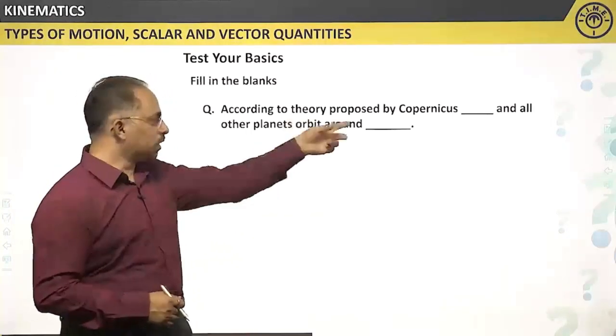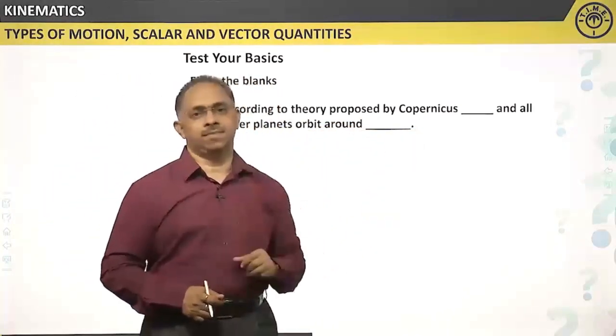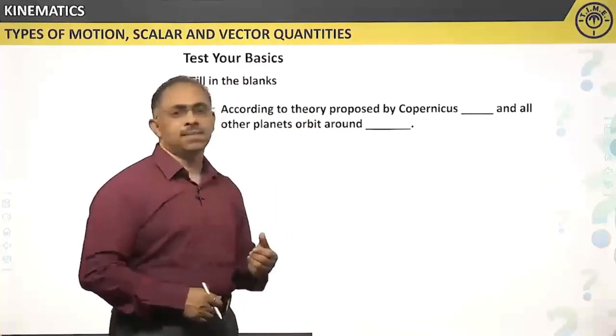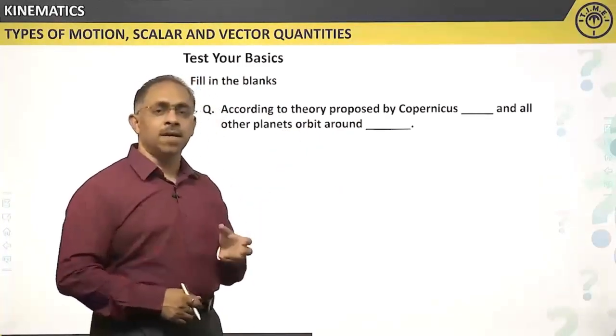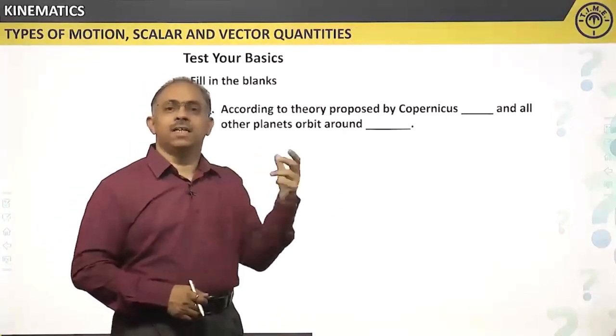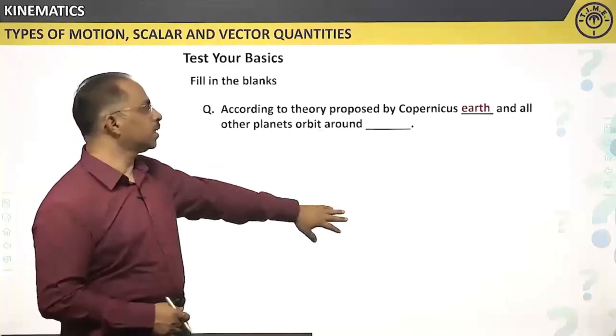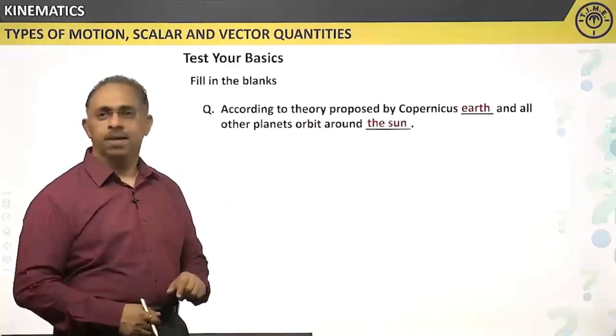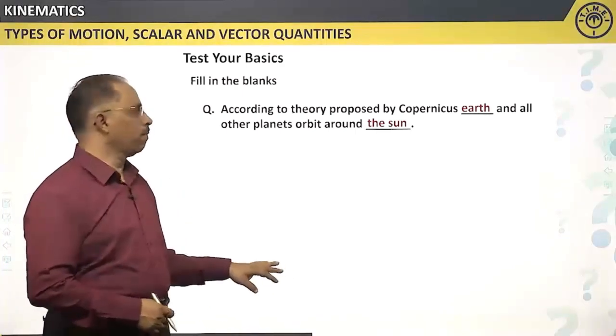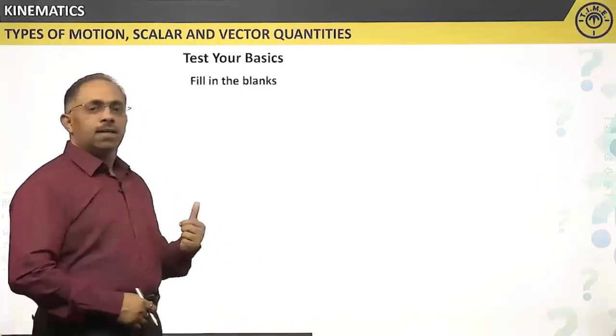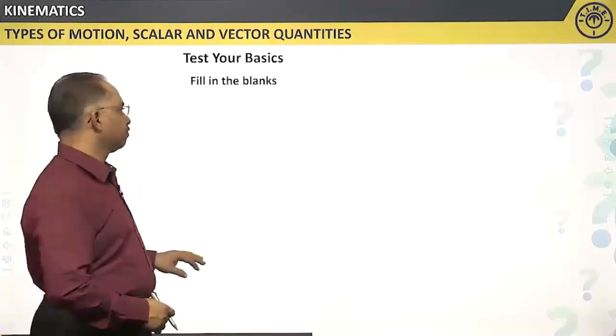Exactly. So, first one he is talking about the Earth, and all other planets orbit around what? Sun, because the word helio refers to the sun. Clear? So, the answers are Earth and the Sun. Clear?